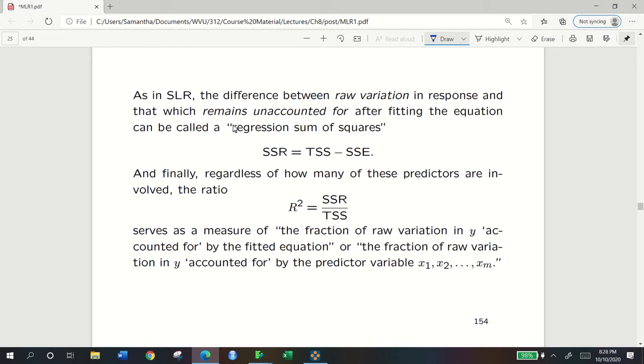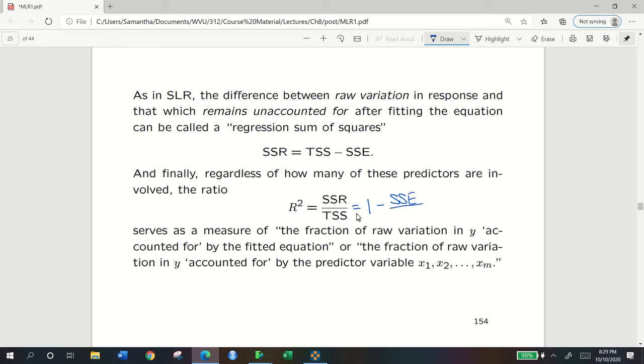So we will equally not be able to calculate that by hand without being first given the sum of squares error. But the calculation of r squared is still the same as SSR over TSS, or my preferred 1 minus SSE over TSS.